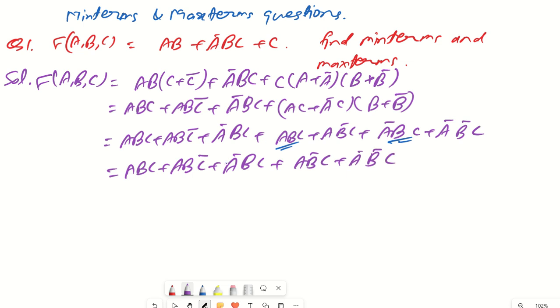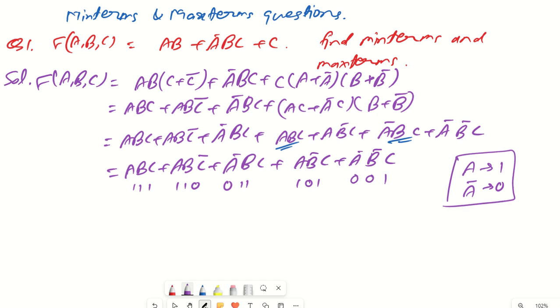Now can you tell me what these terms are? In min terms, ABC can be written as 111, then 110, then 011, then 101, and then 001. What I am considering in min terms is that the variable is going to be 1 and the variable bar will be 0.